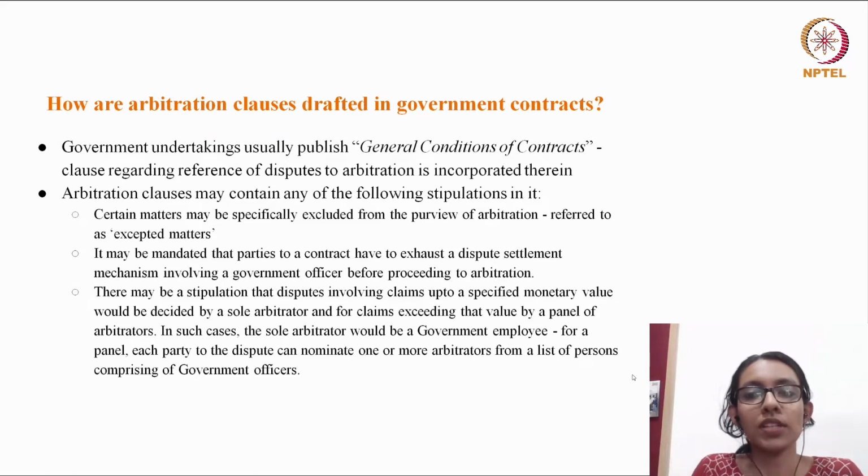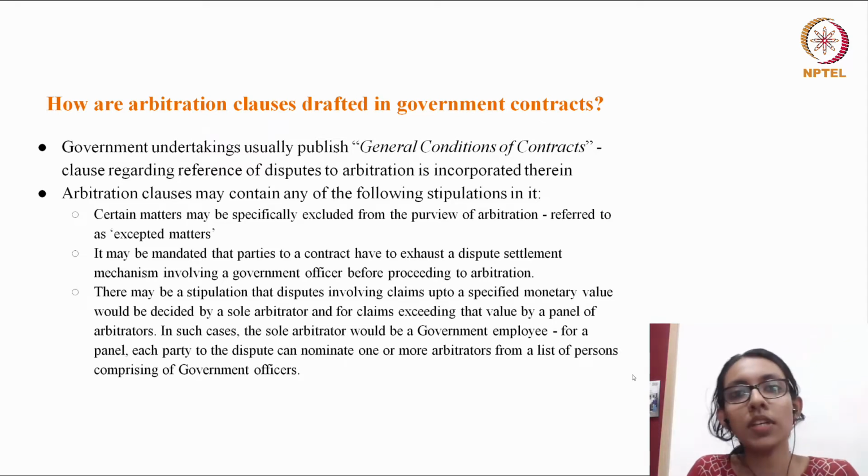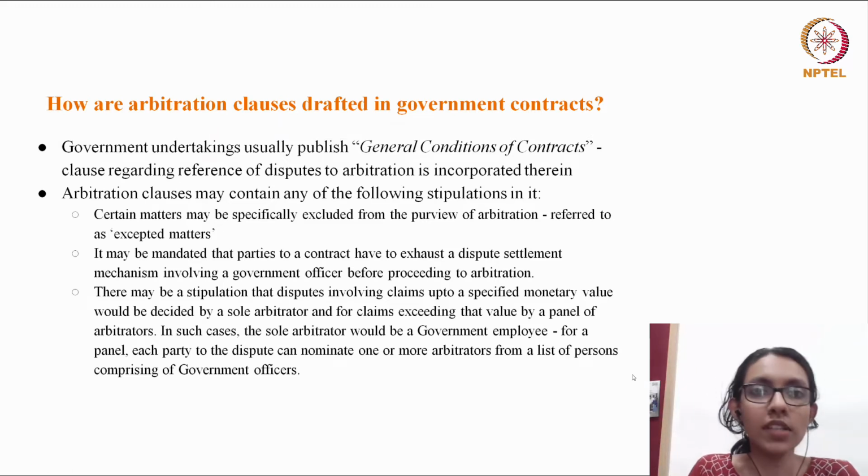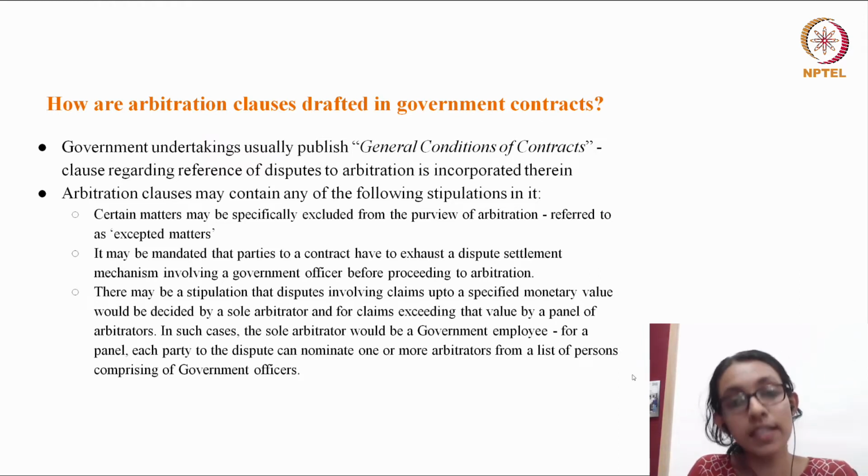Secondly, there may be a stipulation that the parties to the contract will have to first exhaust the dispute settlement mechanism involving a government officer before they proceed to a formal arbitration. Thirdly, there may be a stipulation that disputes involving a monetary value of a certain extent will be resolved by sole arbitrator, and disputes exceeding that monetary value will be referred to a panel of arbitrators.